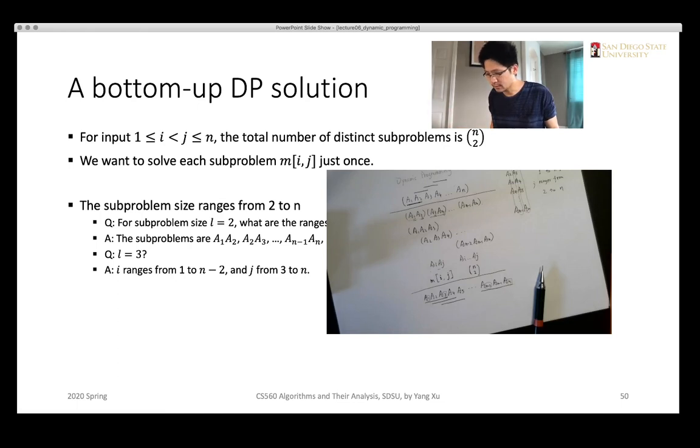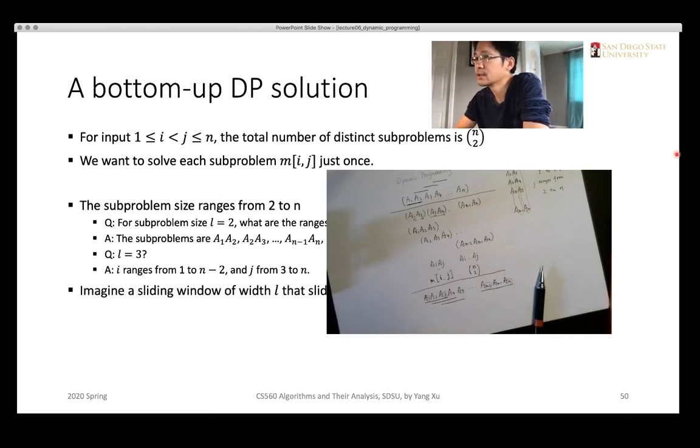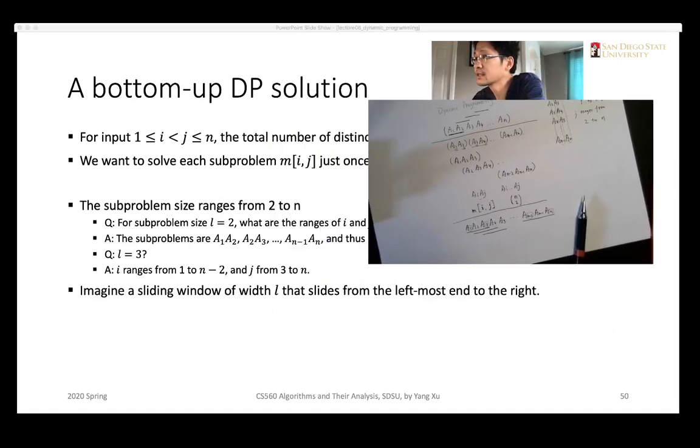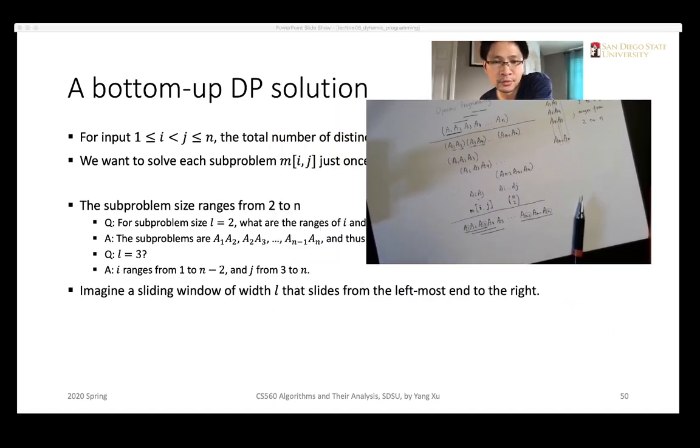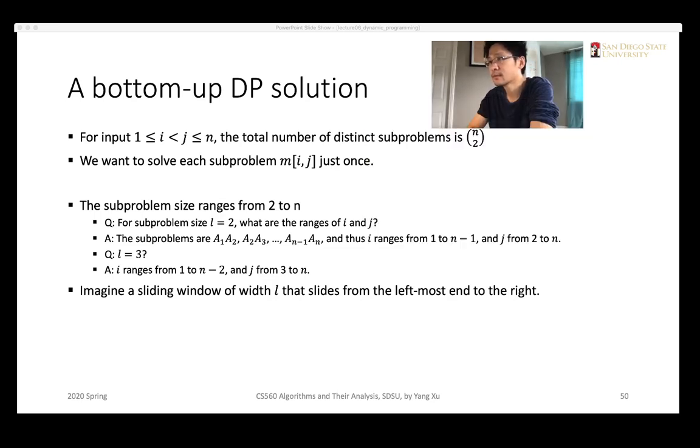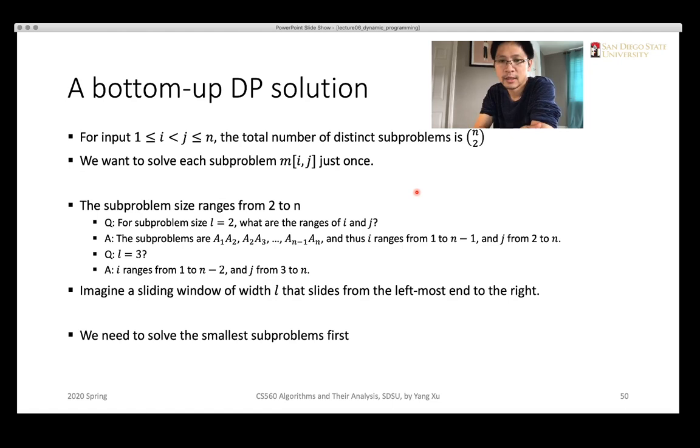So this information basically tells us that it's easy to implement a for loop that has a range defined so that the smallest subproblems are solved before the bigger ones. You can imagine a sliding window of size L when you want to solve all the subproblems of size L. We will start from the smallest subproblem.